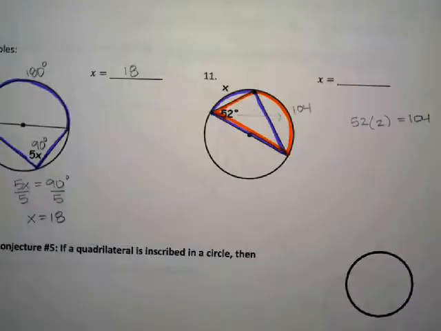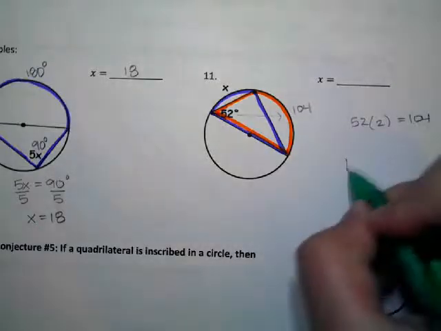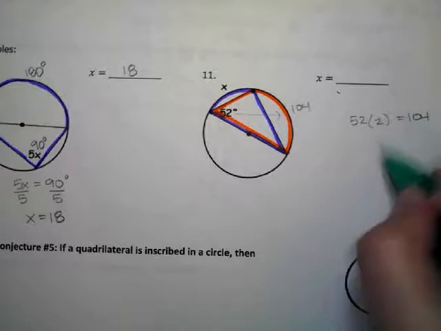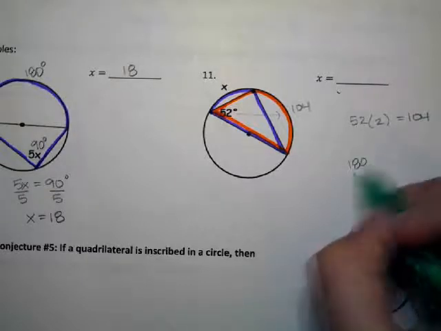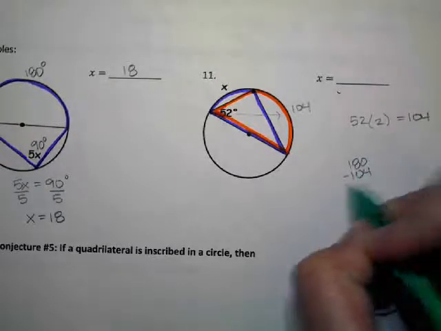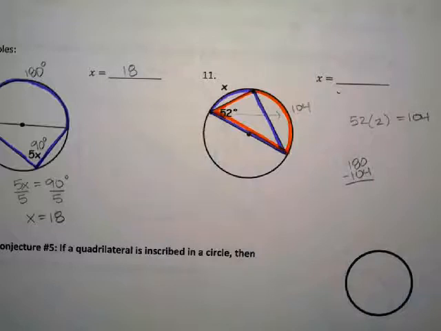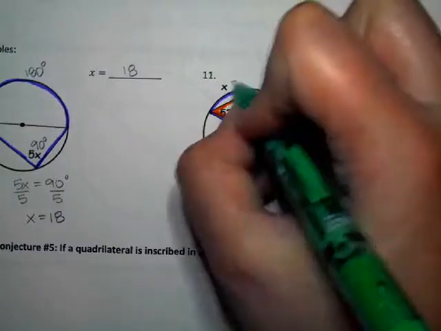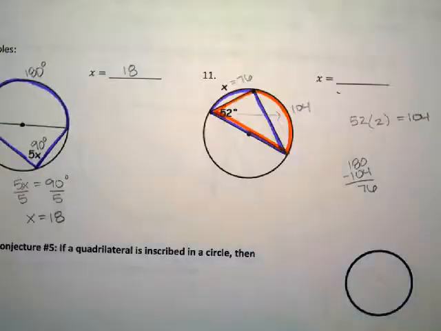Yeah, how do I do that? 180 minus 104. Because I can see that those two arcs together are half of a circle. So 180 minus 104 is 76.